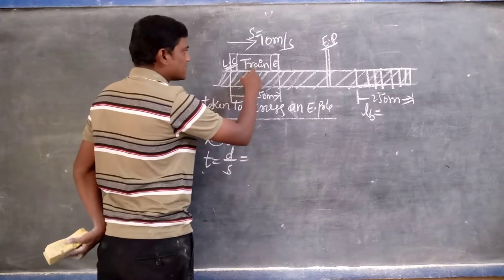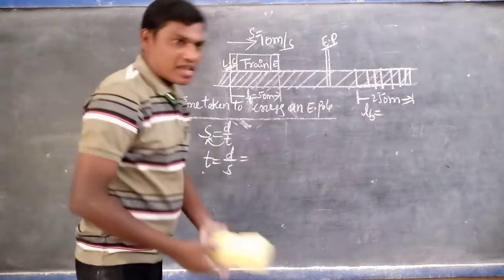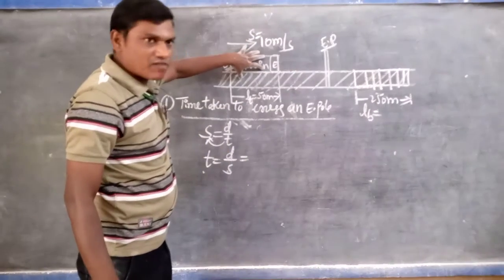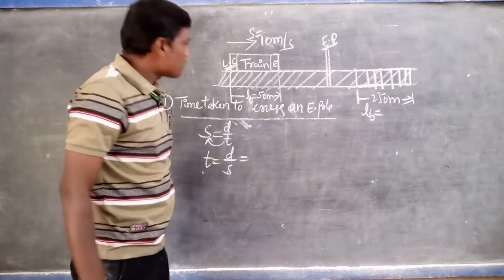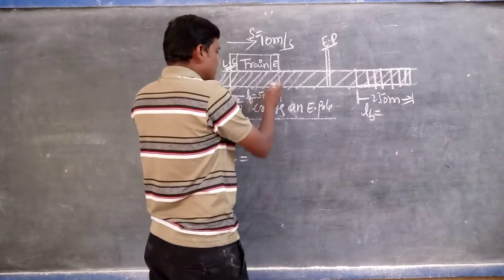What is the distance? Which distance here? The length of the electrical pole, when compared to the length of the train, is negligible. The distance we are concerned with is the length of the train.